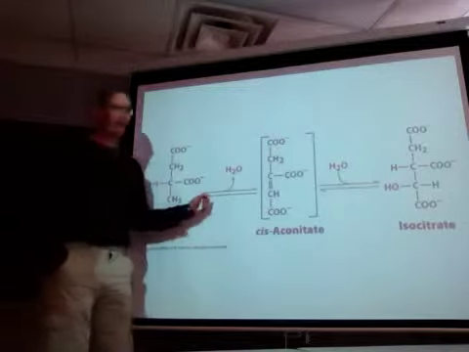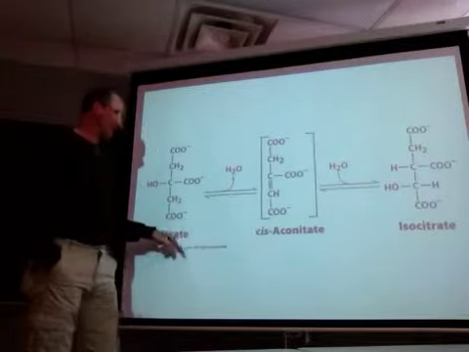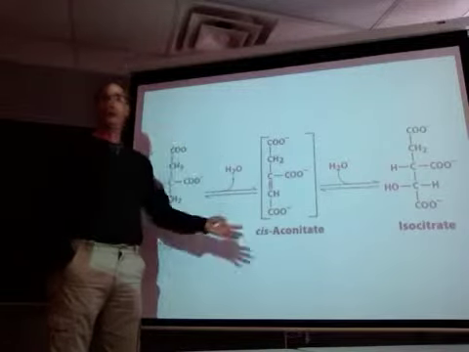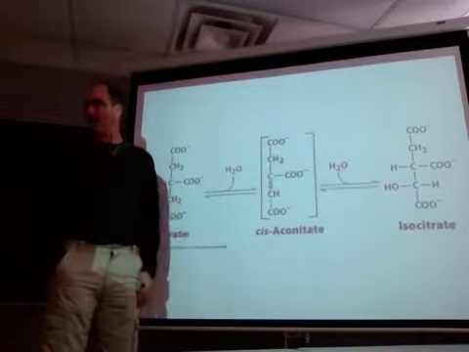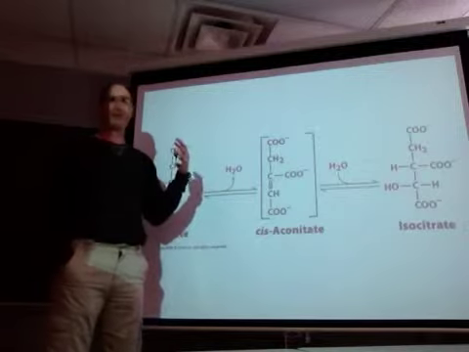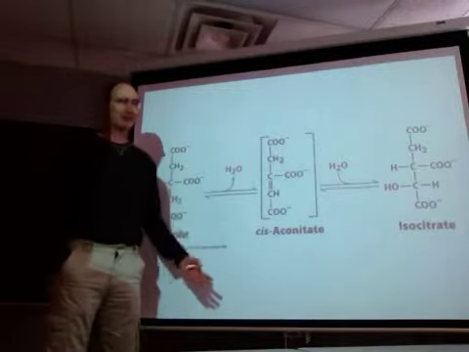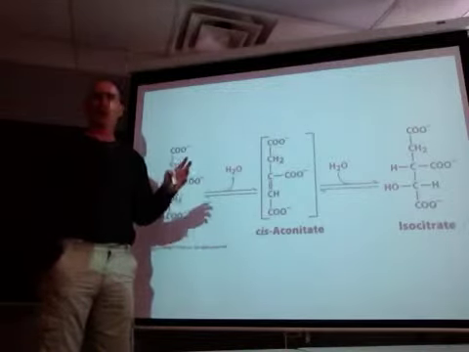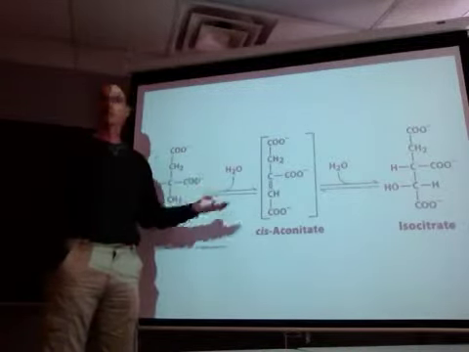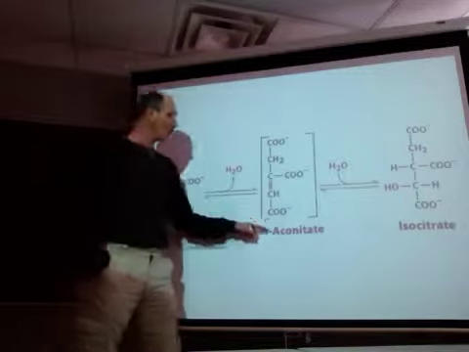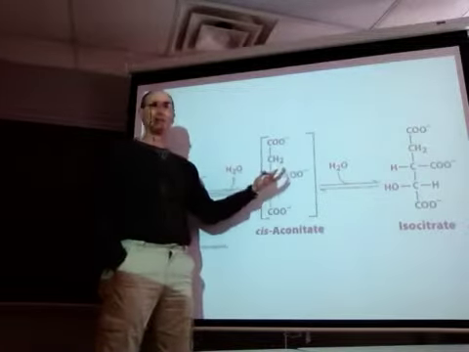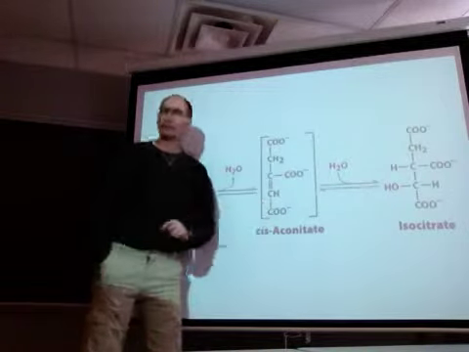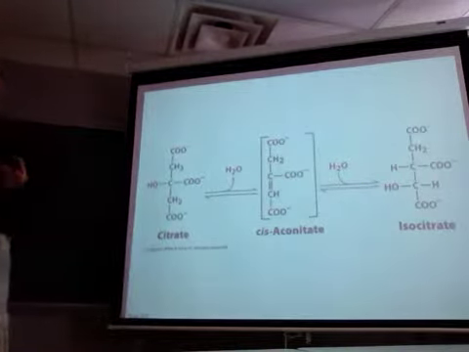So if we saturate the enzyme with either citrate or isocitrate and suddenly throw in something to denature the enzyme, large amounts of something that strongly hydrogen bonds, like urea or guanidine, or large amounts of either acid or base to disrupt the protein structure, if we suddenly denature the protein while it's saturated, we can find some cis-aconitate in our reaction mixture.